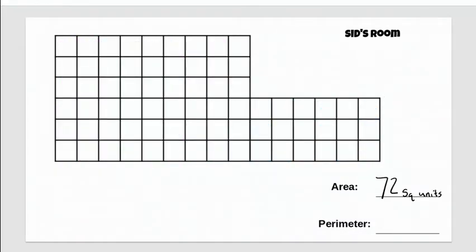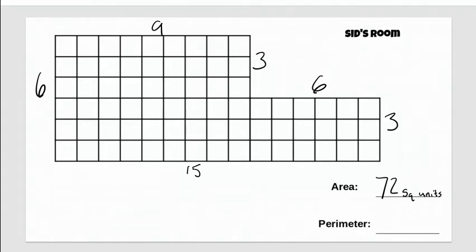Alright, now let's find the perimeter, the distance around his room, his walls, all put together. To find the total distance, we need to first find each side length or wall individually. Okay, so now I know what the length of each side is, to find the perimeter, I need to find the total distance all the way around, which means I need to put all of these sides together.